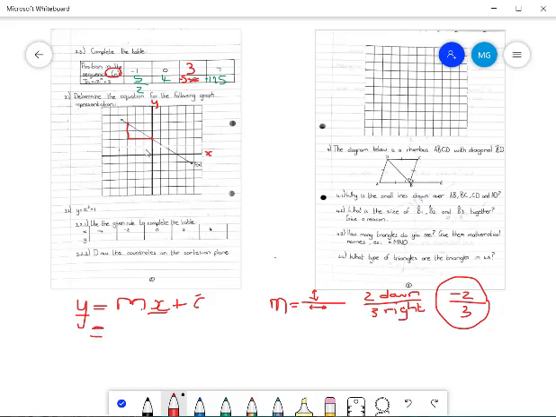Okay. So let's say y over here is obviously 2. My gradient is -2 over 3. And my x, if my y is 2, then my x is 0. On the x-axis, it's 0. And then my c stays c. So that is the equation for this.